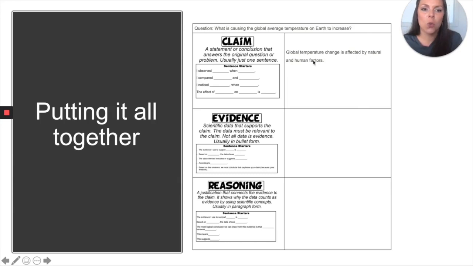How can you reword that to make it your own? Here are some ideas. And then the evidence, what's that going to be? You're going to take a look at those three graphs and think about the patterns that you see and think about what you can pick out that supports the claim that we've made. If you pick out pieces of evidence that don't support the claim, what are you doing?